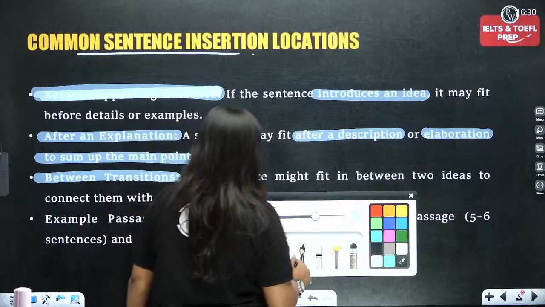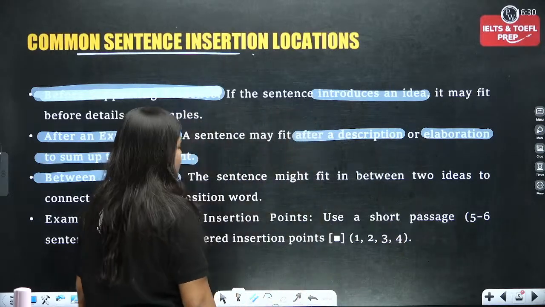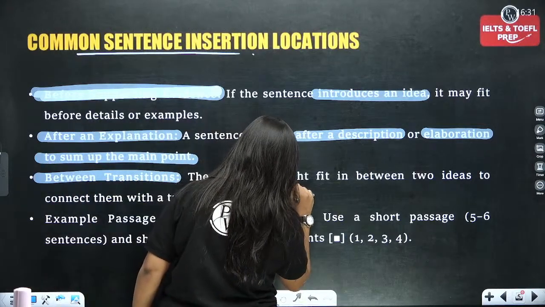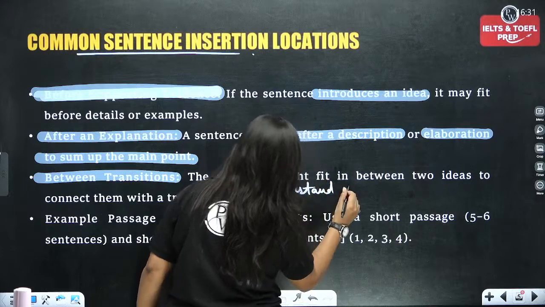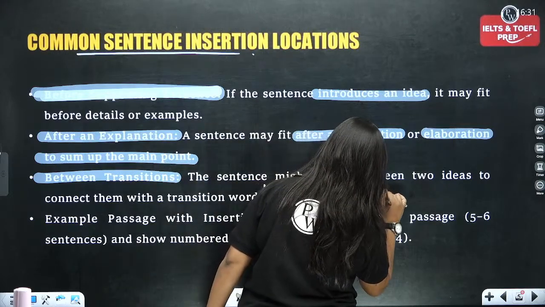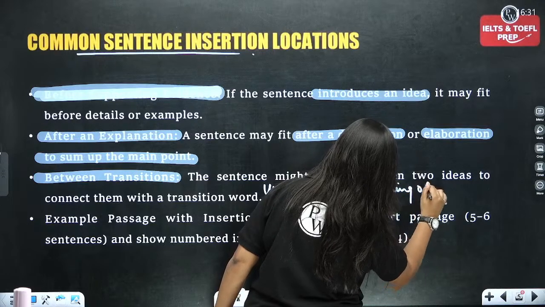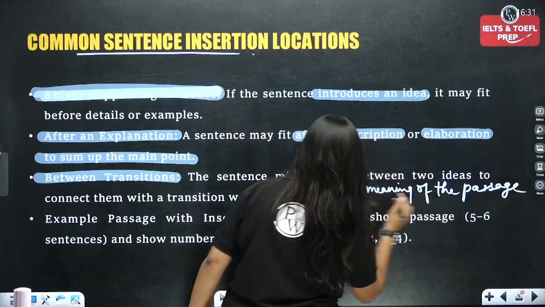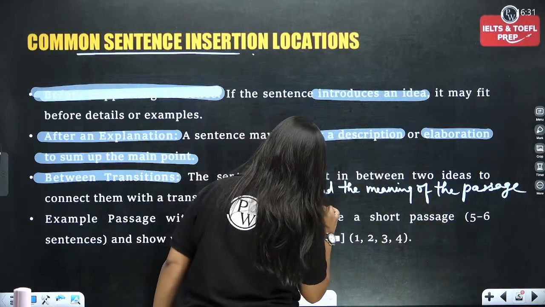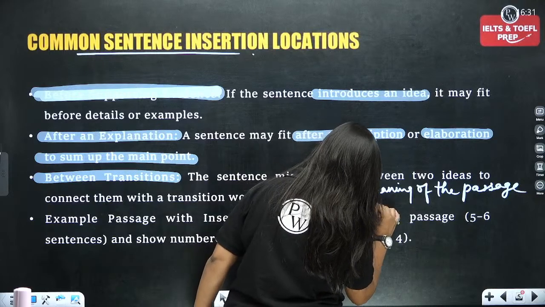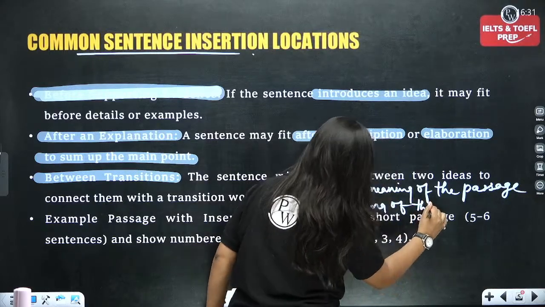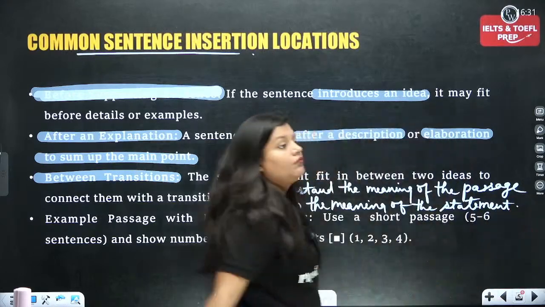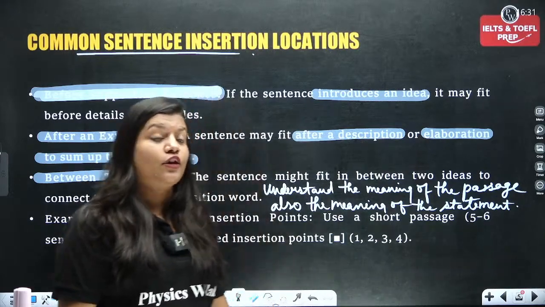Here it becomes a little bit hectic for you to manage, because for this question type, you need to understand the meaning of the passage and the meaning of the statement. You need to be very well aware of both of them, right?